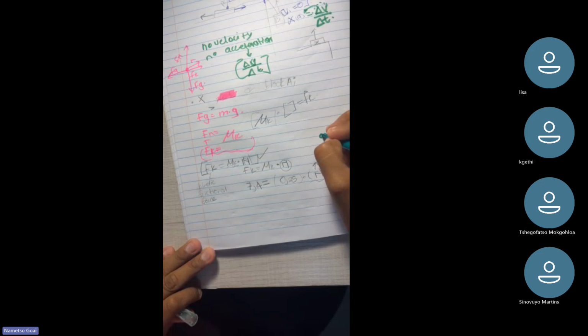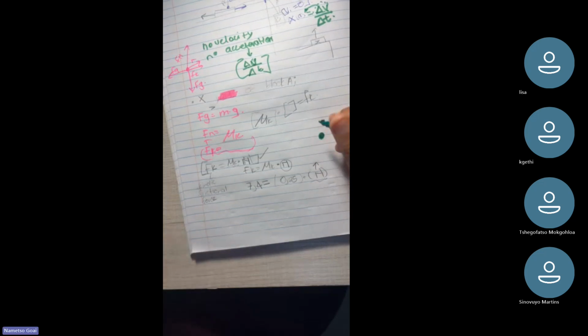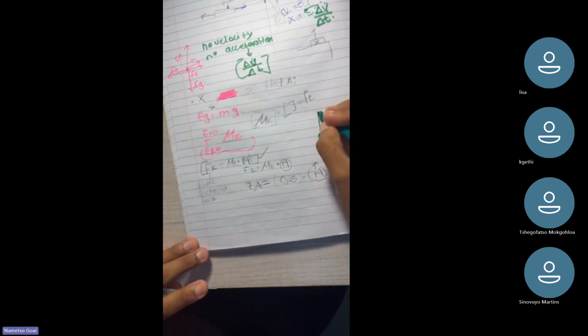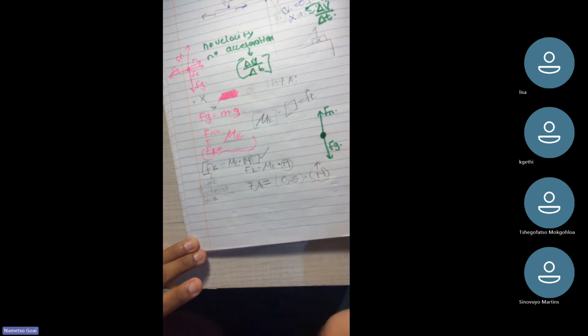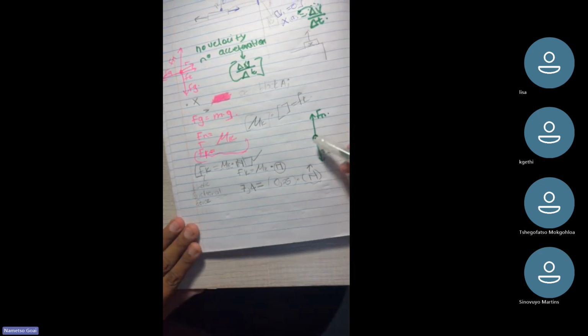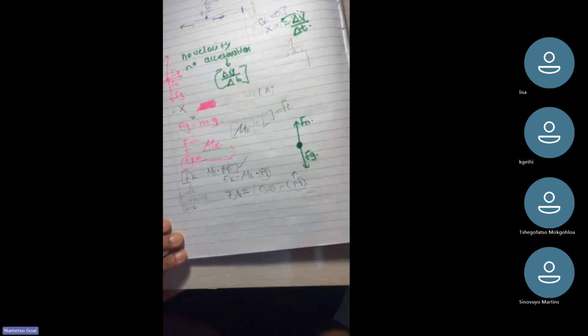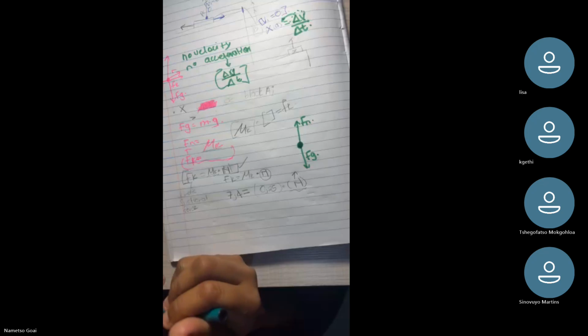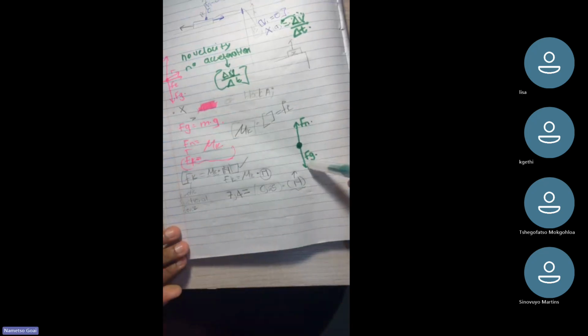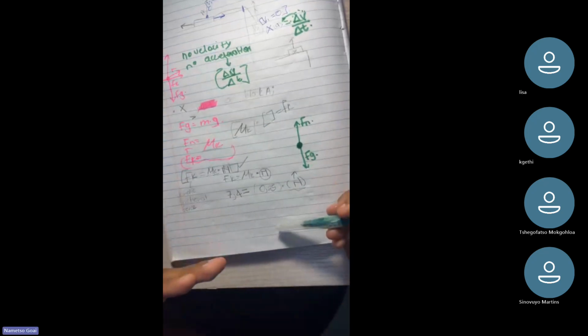Okay, let's do this. On A, we have our Fn like this, acting opposite Fg. These things are the same but in opposite directions.